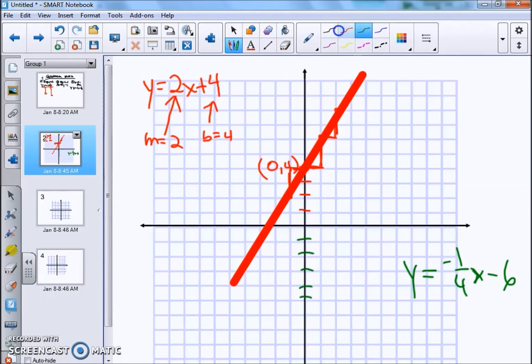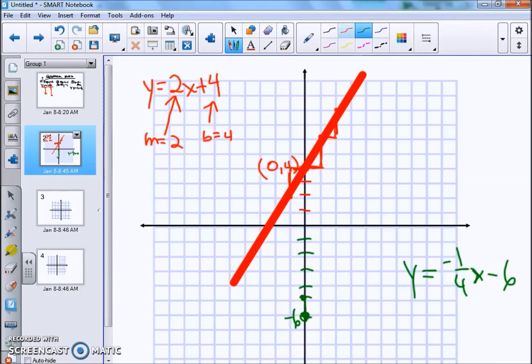So we would start down here at negative 6. And now I'm going to use my slope to get the rest of my line. So negative 1/4 tells me to do what? Up 1 or down 1? It doesn't matter. So let's say I go up 1.